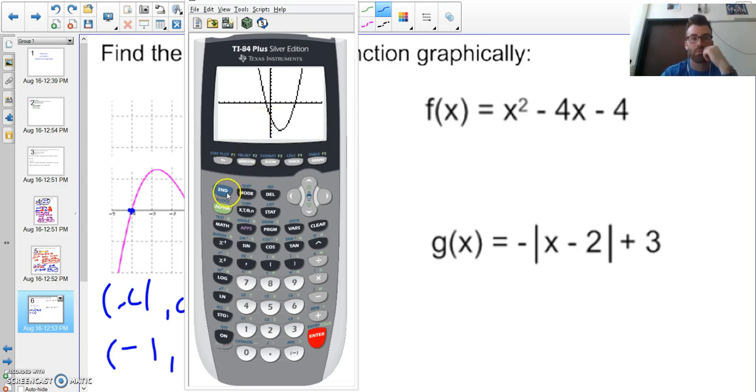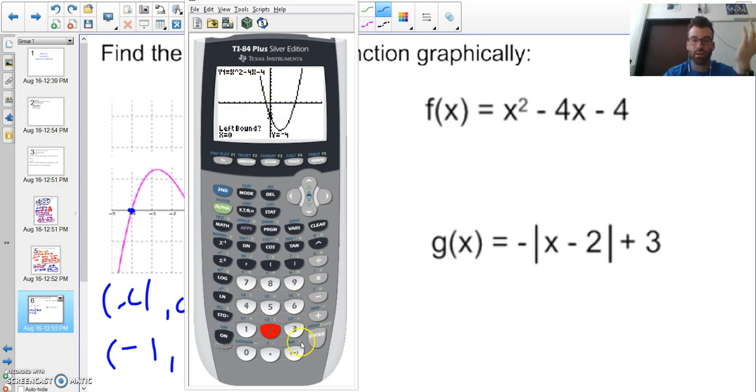All right, so I'm going to hit second. Then the calc is above trace, so I'm going to hit trace. The second option down is 0. Okay, so it's going to ask me for my left bound. Left bound means a number to the left of our 0. Well, our 0 is about -1, right?